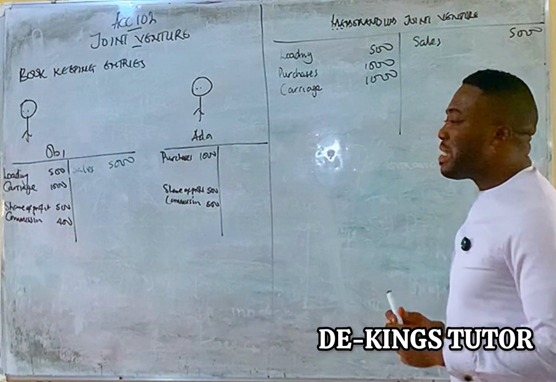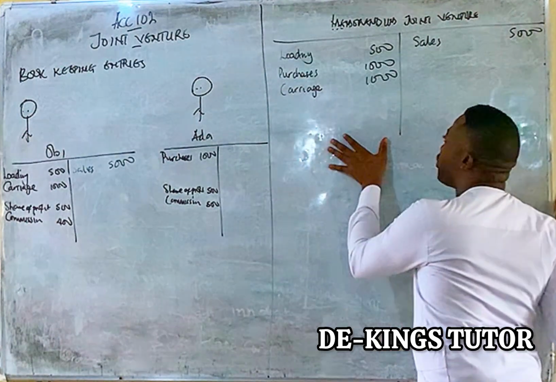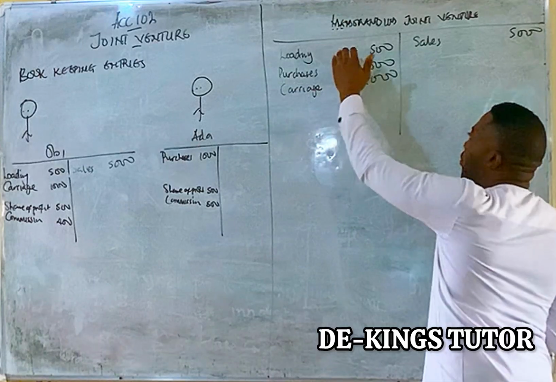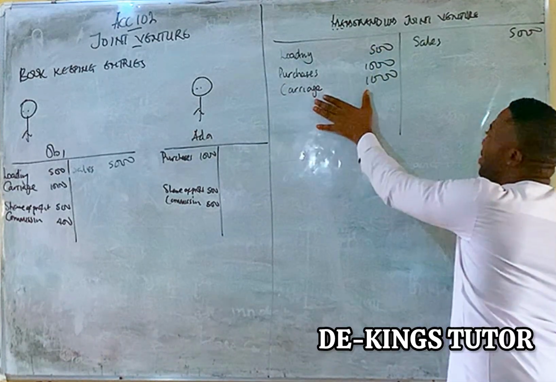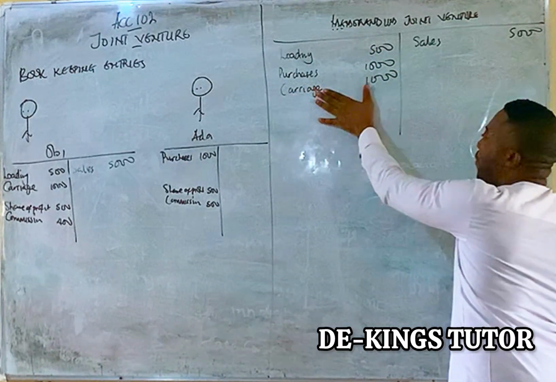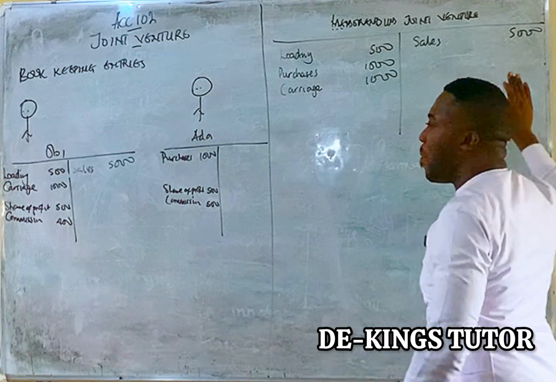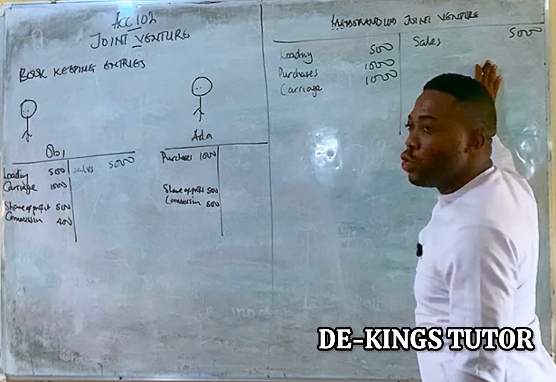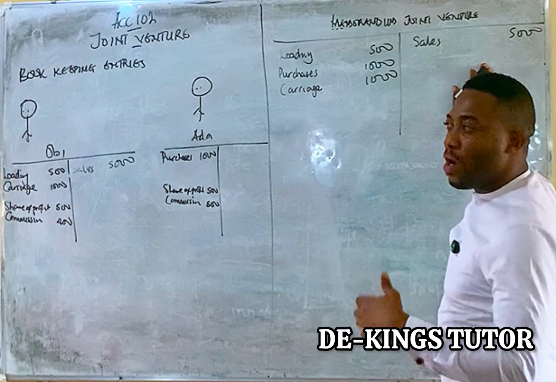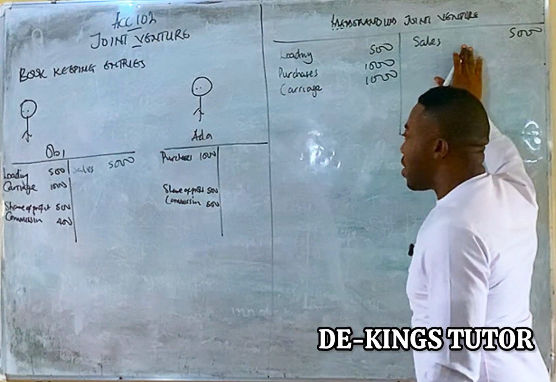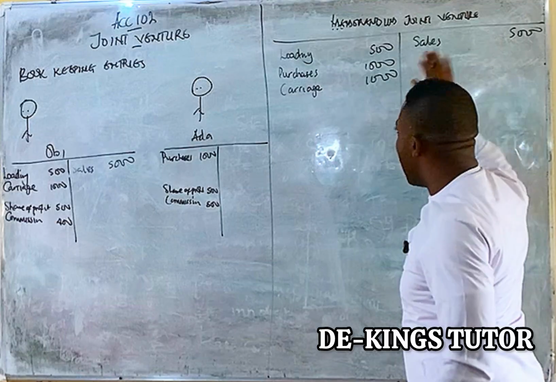So what it means basically is that this memorandum joint venture still follows the same principle. You record the debit side for all expenses and the credit side for sales made. Now, if there are unsold stock, for instance, stock that are not sold, it is also recorded at the credit side.